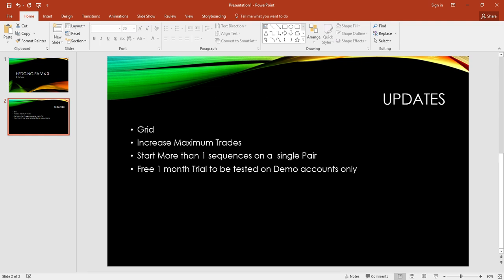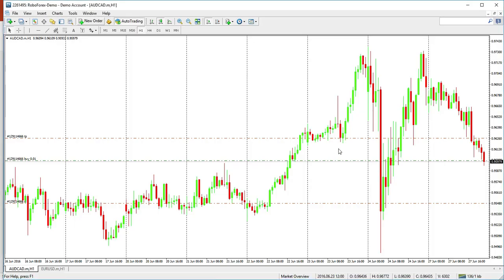The first one is grid. What a grid is, basically, for that I have to move to my MT4 trading platform and explain it to you there. In our current version, which was version 5.7, which you already have, let me explain what the trailing stop was doing in that EA.